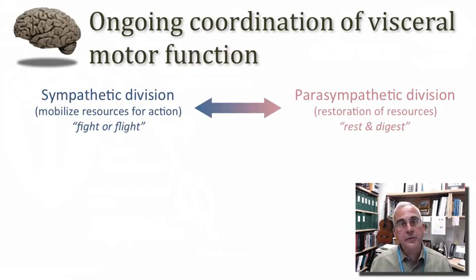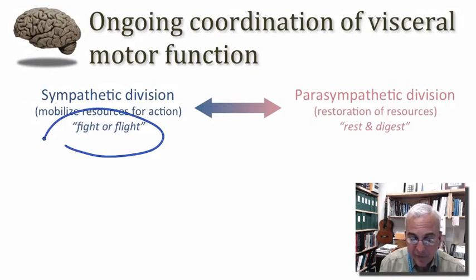Yes, they do represent rather extreme ends of a continuum of function, but that function is a continuum, and there is tone in the outflow of each division all of the time. So while sometimes it's helpful to emphasize, for example, that our sympathetic division is about fight or flight, or the mobilization of resources for action, I want you to understand that that's not the only circumstance in which there is outflow from our sympathetic division.